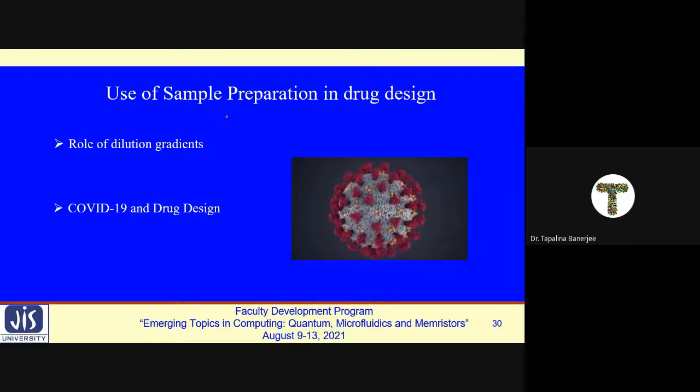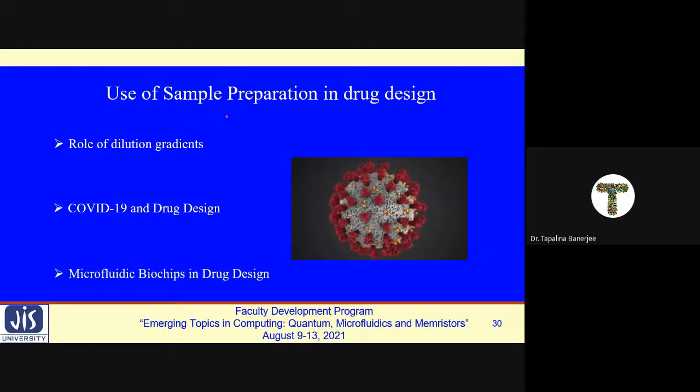COVID-19 has initiated a race of drug design to tackle the continuous spreading of the novel coronavirus and other human respiratory viral infections. Microfluidic biochips are heavily used in this type of drug design. They could play a vital role for point of care testing for early diagnosis of suspected cases and treatment monitoring of infected people to prevent what? Prevent further spread of the infection.